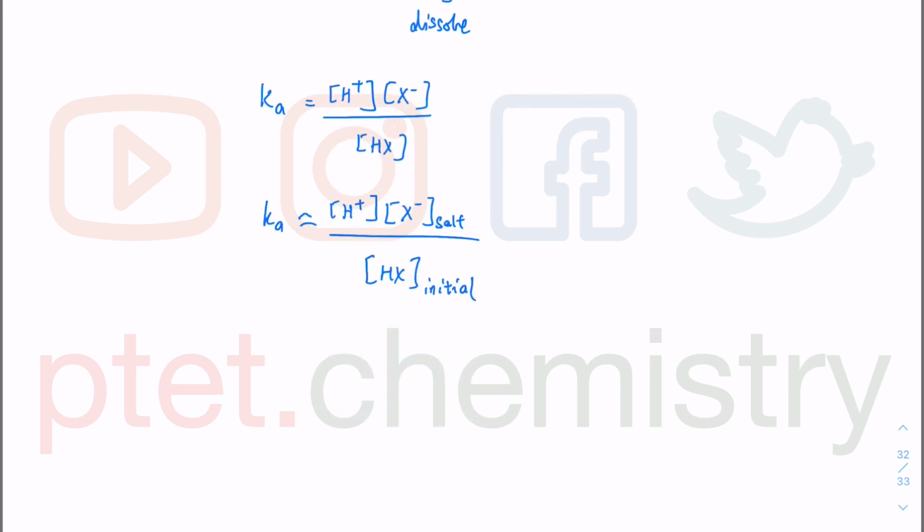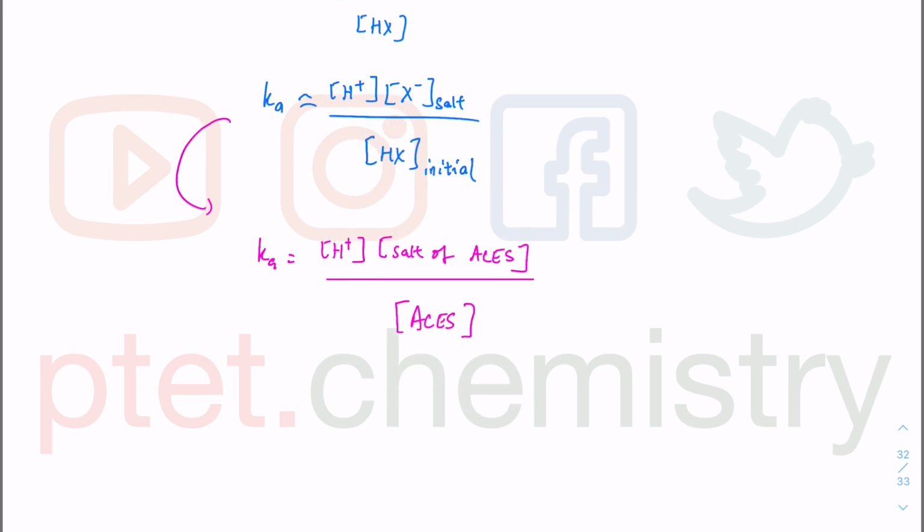So what do we have there? I can just see that this is the same as Ka, H plus, and then I have the salt of excess divided by the weak acid itself, which is the excess. Now we know pKa of excess was given as 6.88, so minus log 10 of Ka is 6.88.